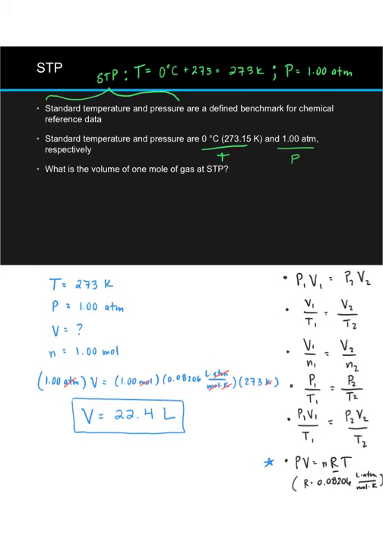This is true for any ideal gas. Thus, we refer to this volume, this 22.4 liters, as the standard molar volume of a gas. In other words, 1 mole of any gas, regardless of its identity, so long as it behaves like an ideal gas, will occupy 22.4 liters worth of volume under standard conditions of temperature and pressure.